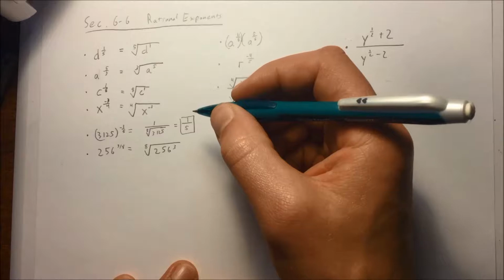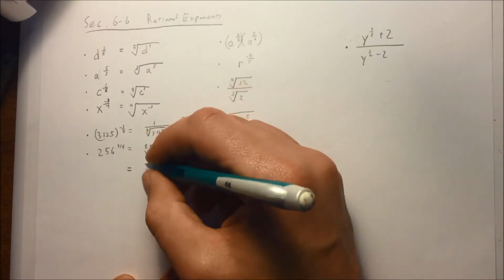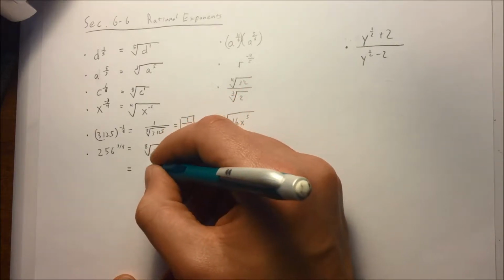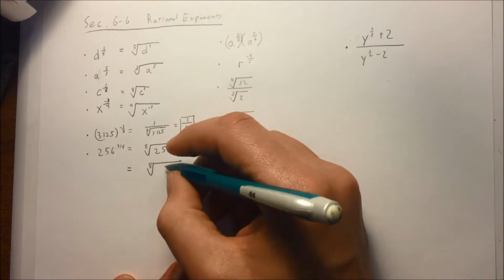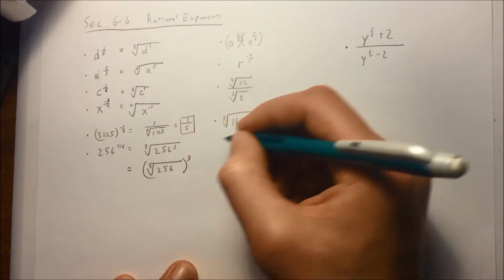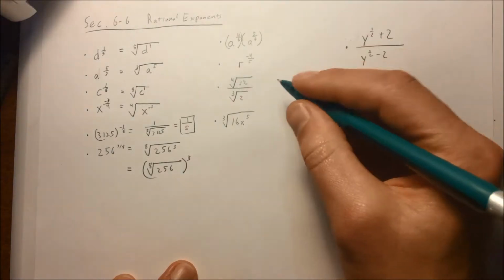Get 256 cubed? I don't think so. So I'm going to write this a little bit differently. I'm actually going to change this into the 8th root of 256 cubed.